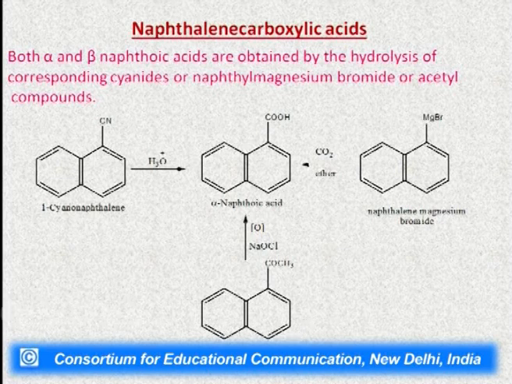It can also be prepared from 1-acetylnaphthalene on reaction with sodium hypochlorite. Sodium hypochlorite is used as an oxidizing agent in this reaction, and we will get alpha naphthoic acid. If these groups are present at the C2 position, then again we will get beta naphthoic acid.